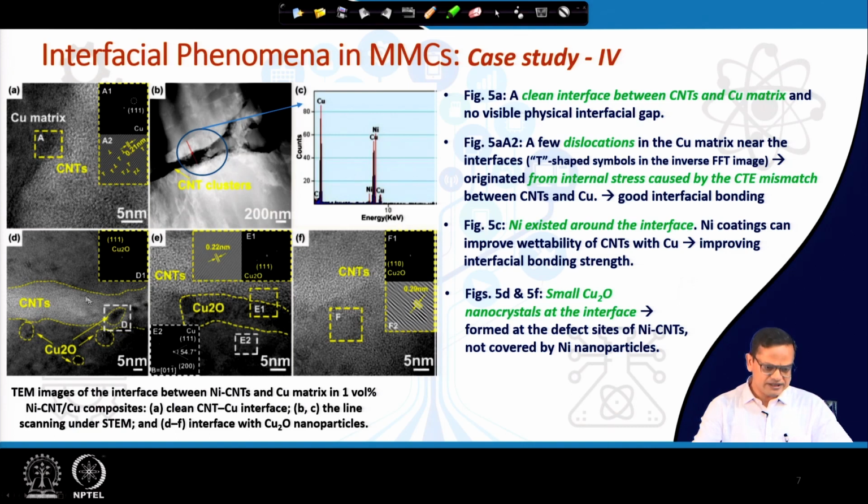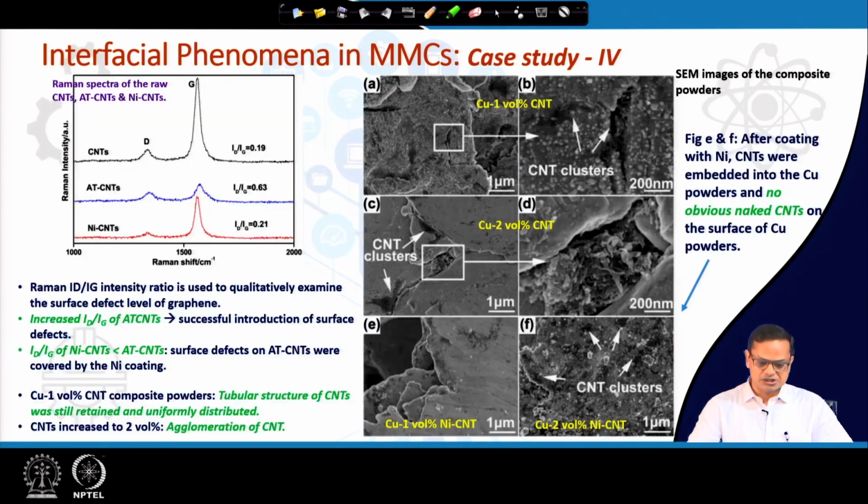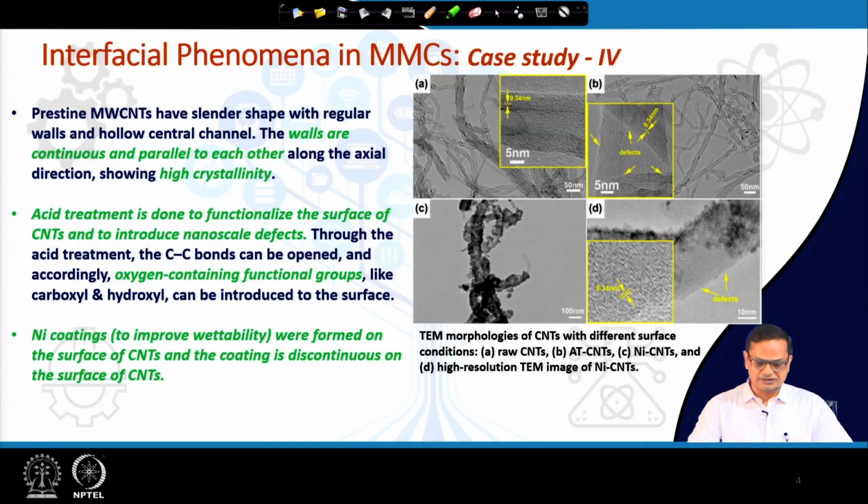Now, some interesting features you are seeing in D, E and F. What are those? If you remember, in the SEM image of the carbon nanotube particles, you can see here that the carbon nanotube is this one, okay, but then nickel nanoparticles have been deposited on the surface of the carbon nanotube.